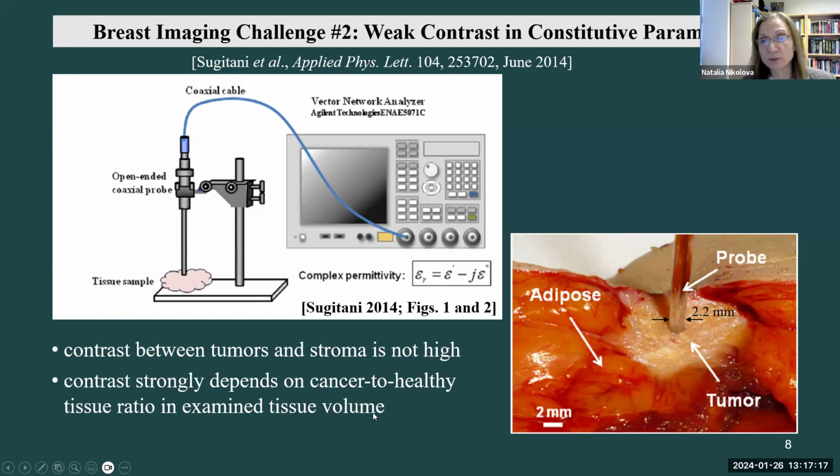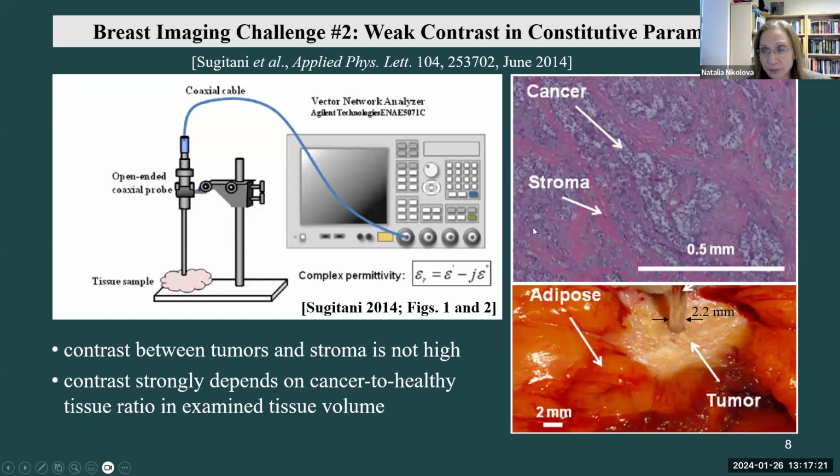And we want to see whether there is contrast. Well, there is one problem here. And the problem is that when we measure what we perceive to be a tumor, when we look at the microscopic image of this area, we are being told by radiologists that tissue is never just cancer. I mean, cancer on a microscopic level is interdispersed with healthy stroma or fibroglandular tissue, the reddish one.